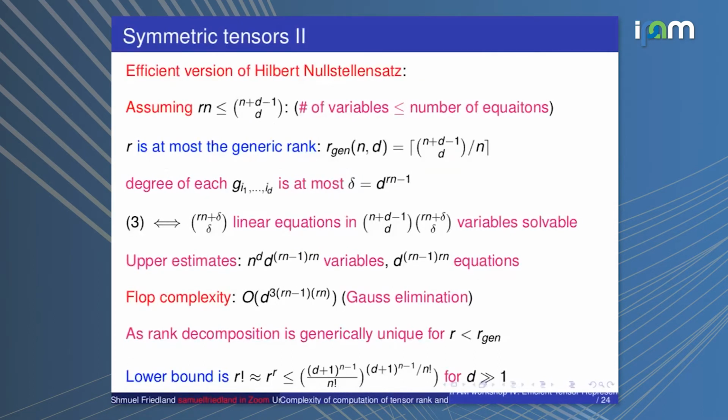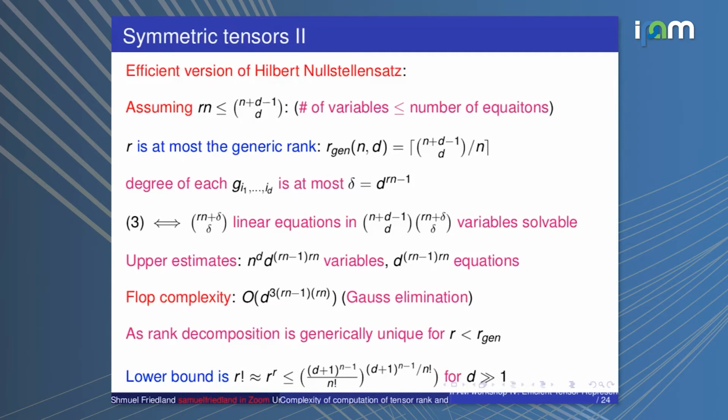So the whole point is actually an efficient version of the Hilbert Nullstellensatz. There are many variations, but I took one which is done by Kollár. So let's assume that the number of variables Rn is less than the dimension of the ambient space of the symmetric tensors. This actually means that R is at most the generic rank.